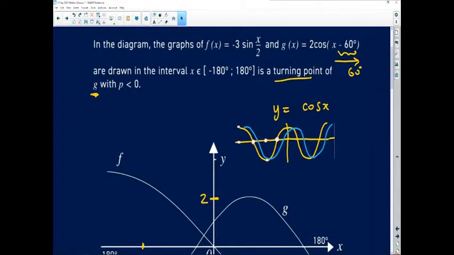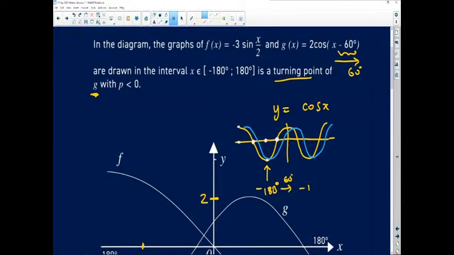You'll see that on the graph, we were supposed to have a turning point at -180 degrees. But that -180 that we were supposed to have here, we are moving it to the right by 60 degrees, which is as good as adding 60.